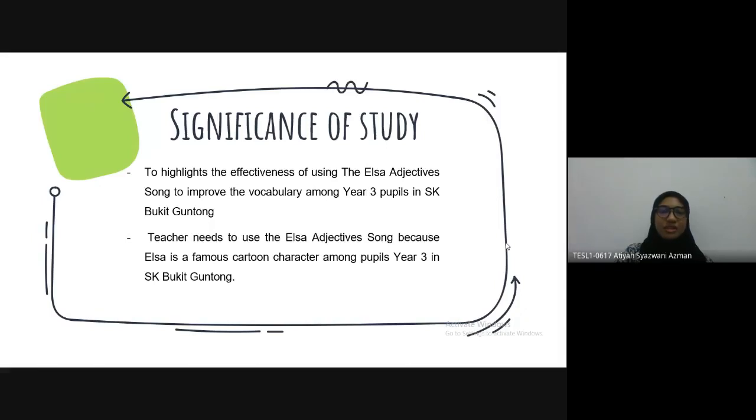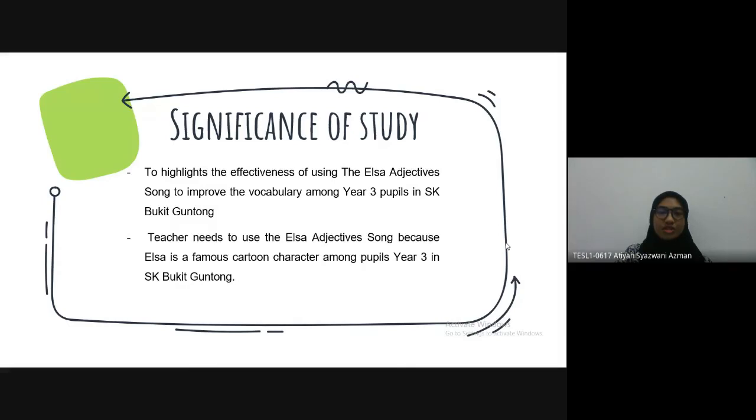So here is the significance of the study. It is to highlight the effectiveness of using the Elsa Adjective song to improve the vocabulary among Year 3 pupils in SK Bukit Guntong. Another one is that teachers need to use the Elsa Adjective song because Elsa is a famous cartoon character among pupils in Year 3 in SK Bukit Guntong.